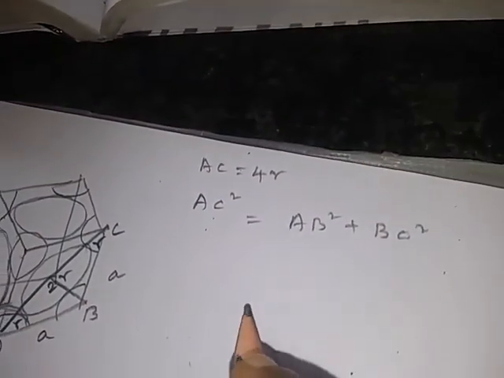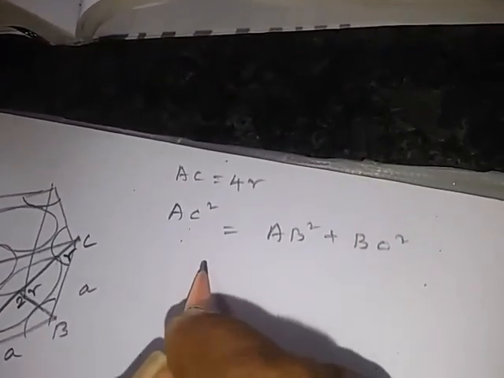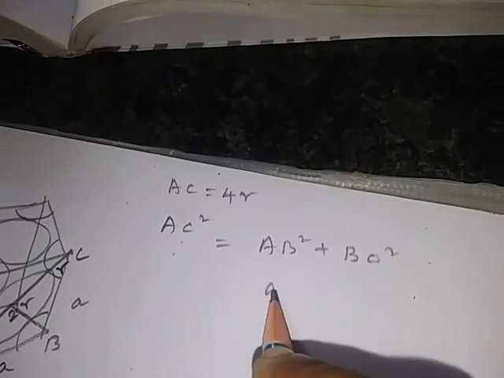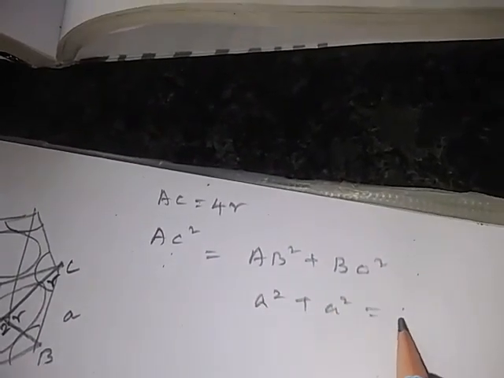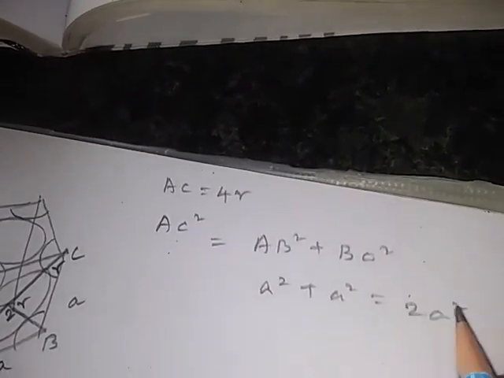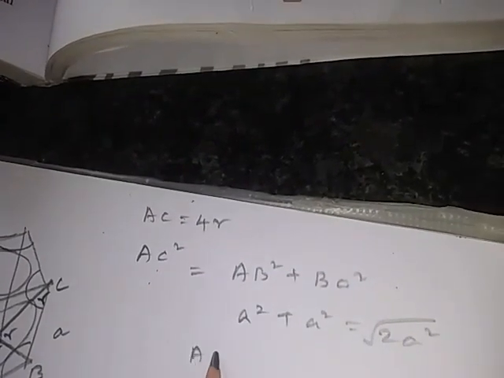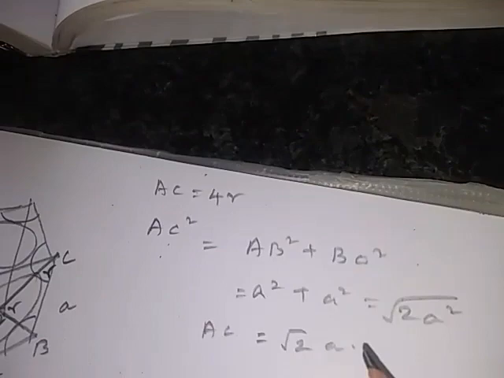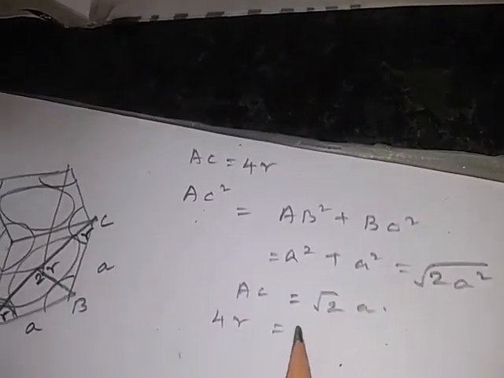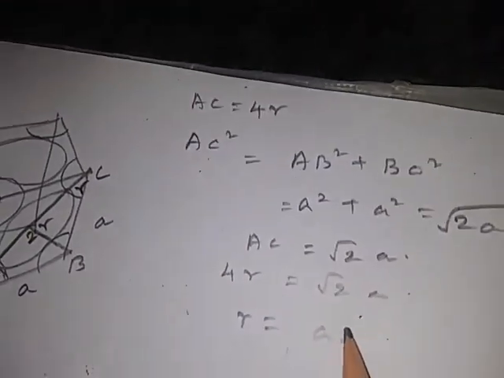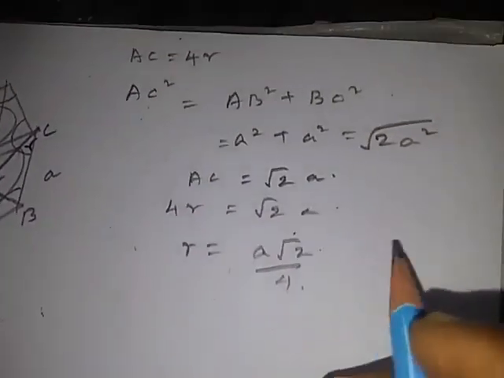Now AC squared equals A squared plus A squared, equal to 2A squared. So AC equals the square root of 2A. And we know that the AC value is 4R equal to the square root of 2A. So R equals A square root 2 by 4.